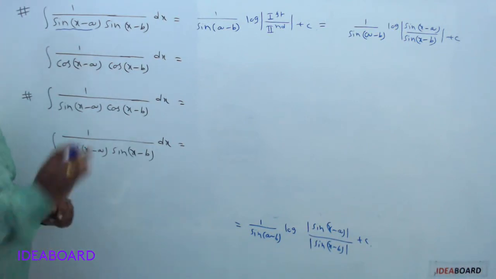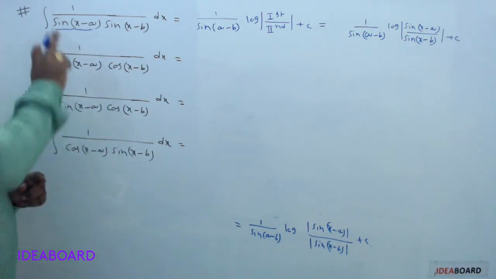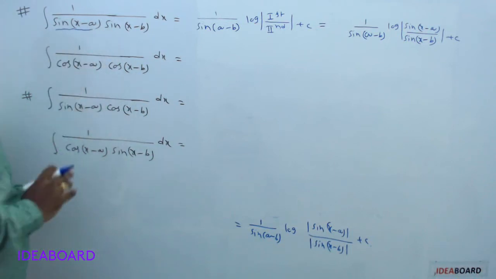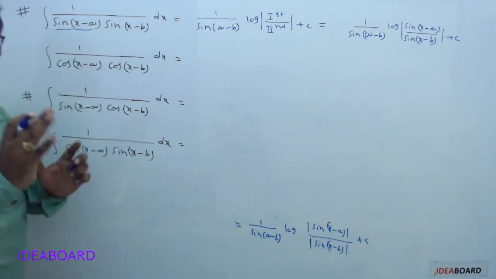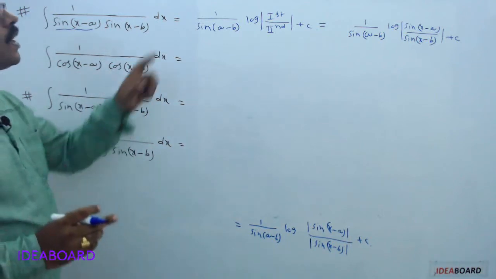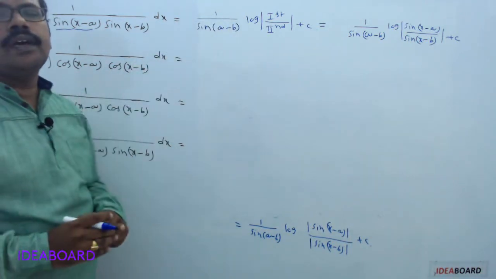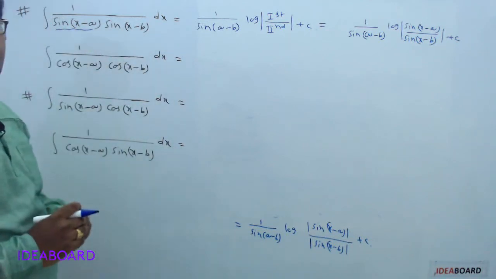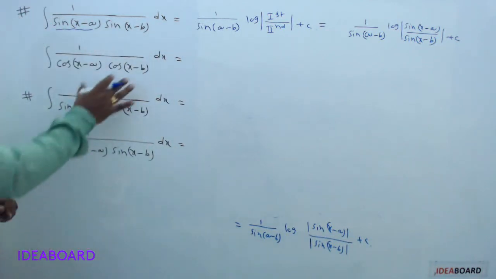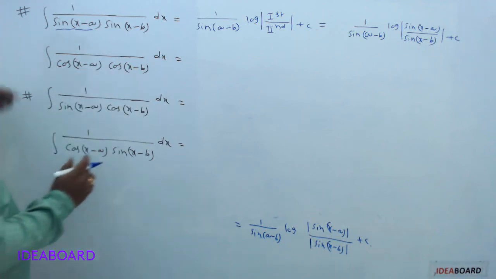Now see once again, in the denominator both functions are sine functions or both functions are cos functions. What is our actual procedure? Dividing and multiplying with the sine of the difference of angles in the denominator. Now tell me the answer to this one directly.